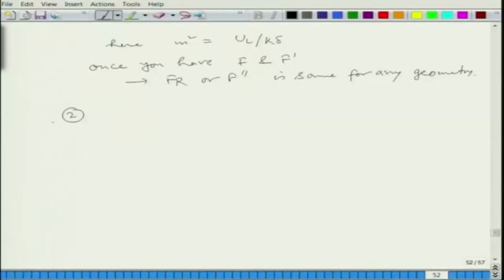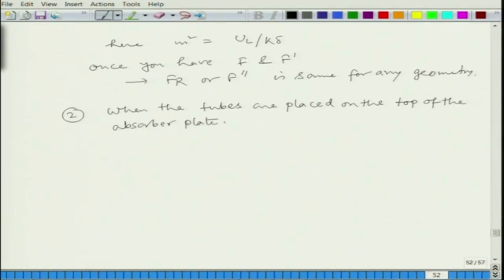Okay. Now, let us look at the next variation in geometry, when the tubes are placed on top of the absorber plate. That is also a possibility. So, here again we have the same thing, everything same, only this is completely insulated.